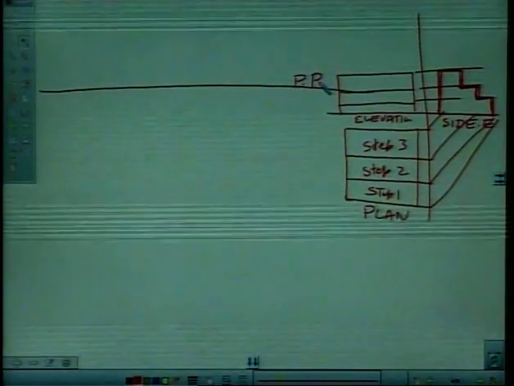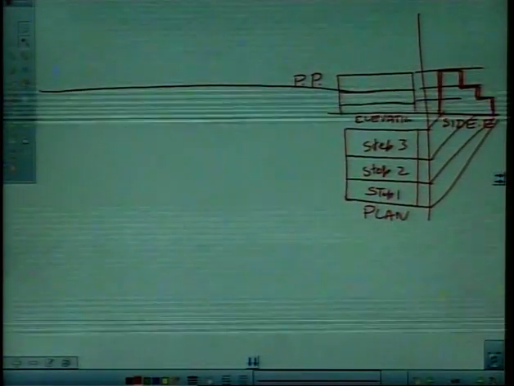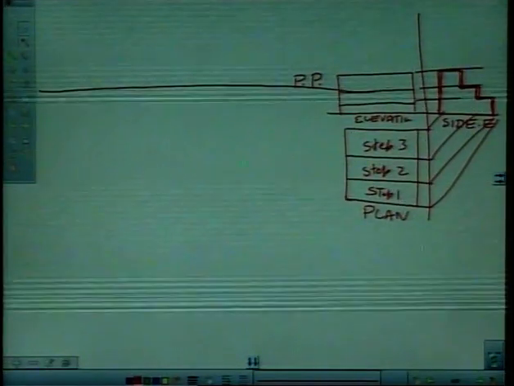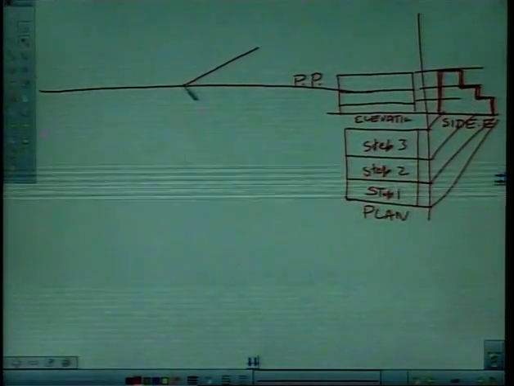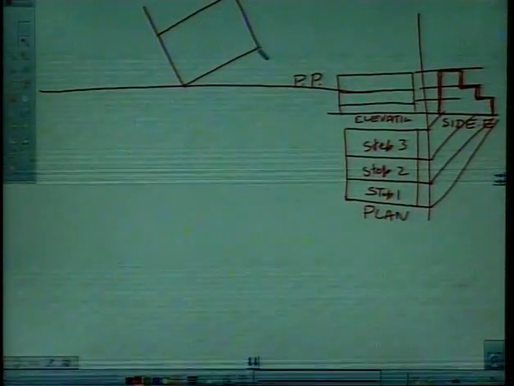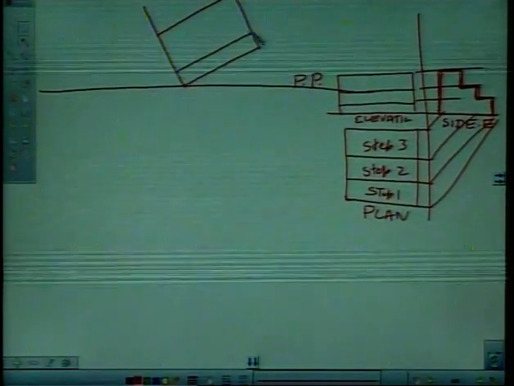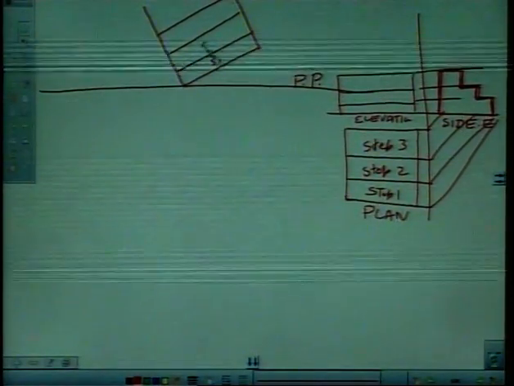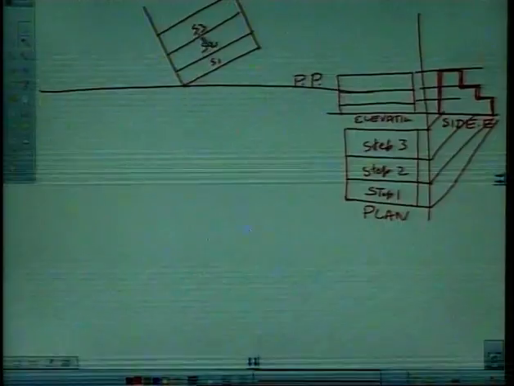On sheet it is represented by a line, actually it is a transparent vertical plane, right. On this, draw plan again with 30 and 60 degree angle. Say here step 1, step 2 and step 3, S1, S2 and S3, right.